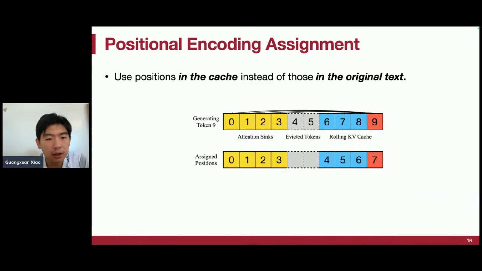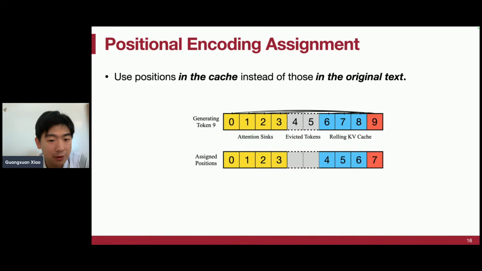And here is another technical detail on how we assign position encoding in StreamingLLM. It's a very important detail. Since the model is trained on a sequence of 8, when we're decoding the 9th token, we don't want any out of distribution thing to happen.